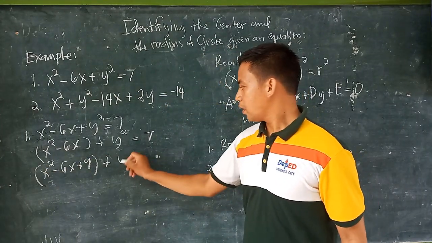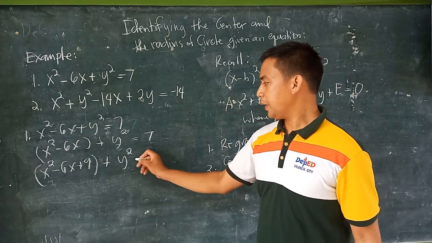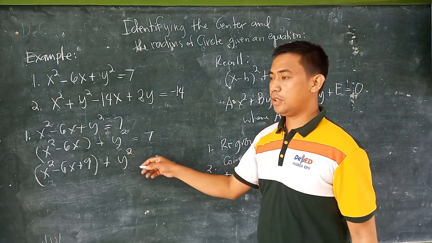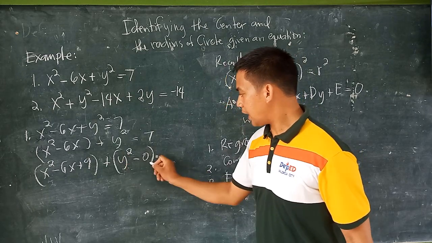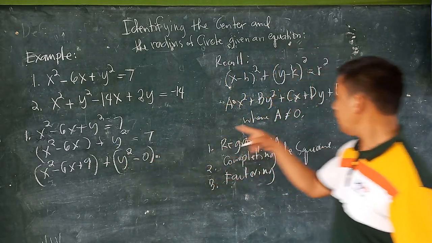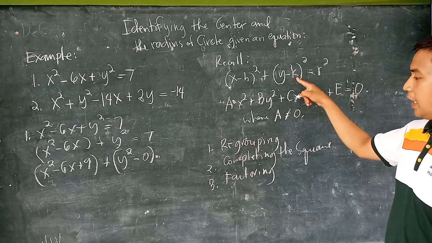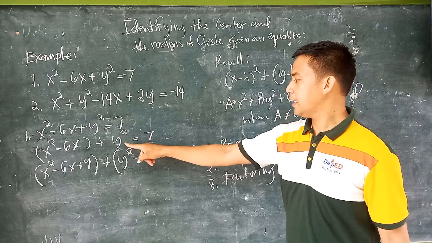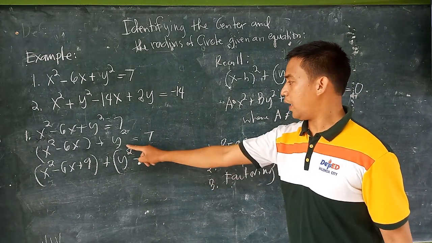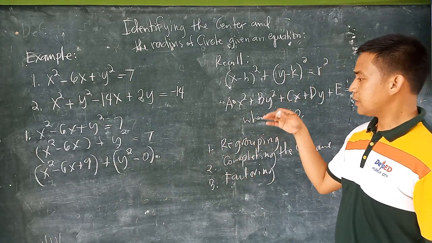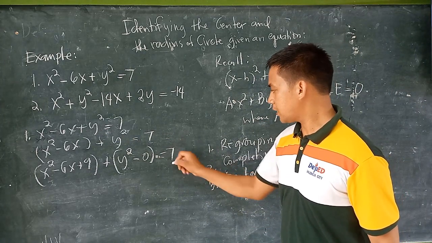Plus y squared, since it is already a perfect square, we can have plus 0, minus 0. Since k is 0, it has no companion term here. And then we write equals 7.